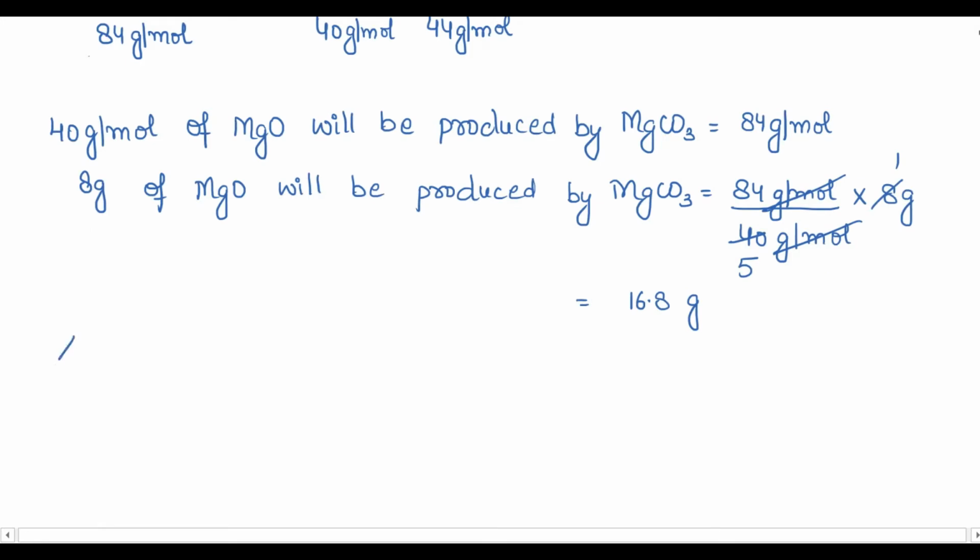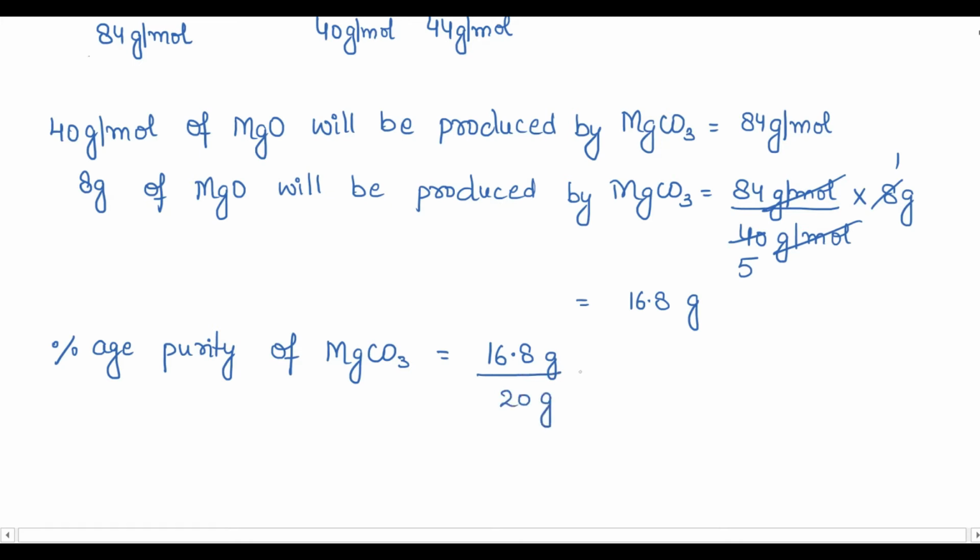You can say percentage purity of MgCO3 equals the pure magnesium carbonate, right, divided by total magnesium carbonate into 100 percent, right? So you'll cancel gram with gram, right?